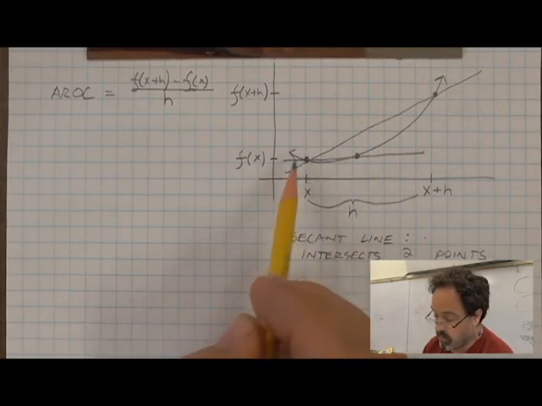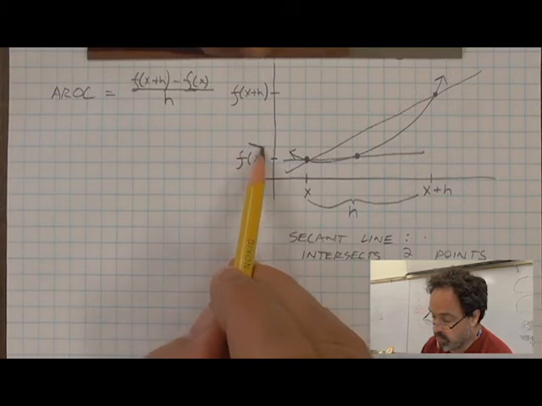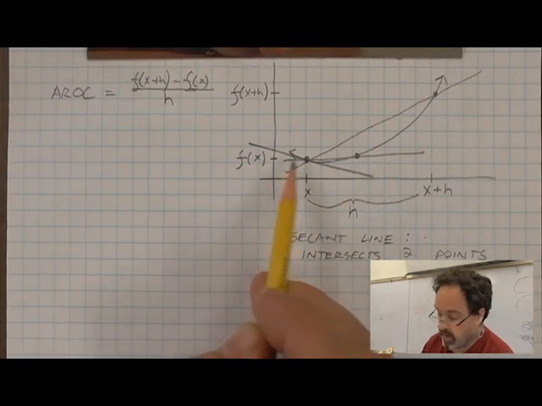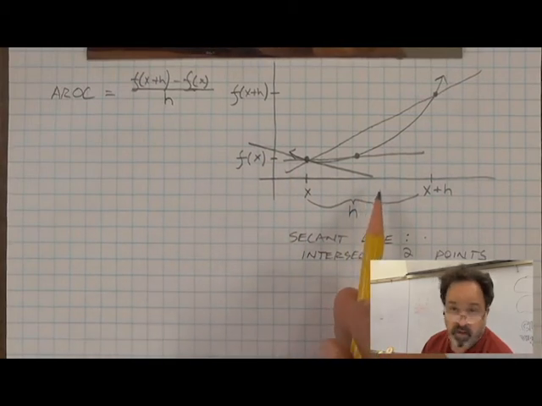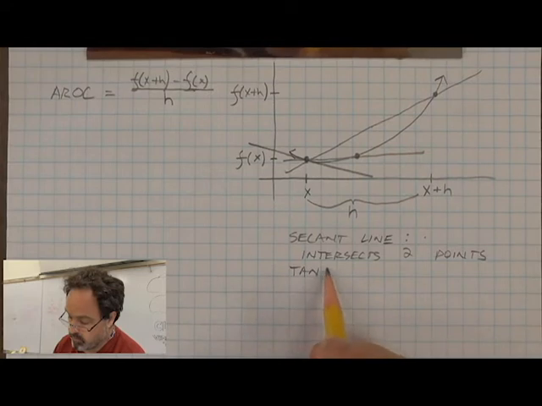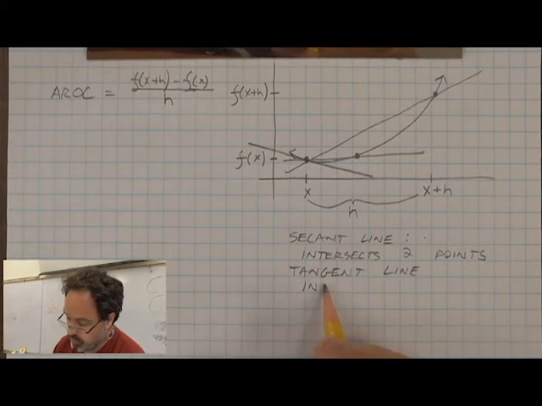I can still draw a line. It would intersect just that 1 point. And if it intersects 1 point, it's not called a secant line. We have another name for it. It becomes what we call a tangent line. A tangent line is one that intersects at 1 point.